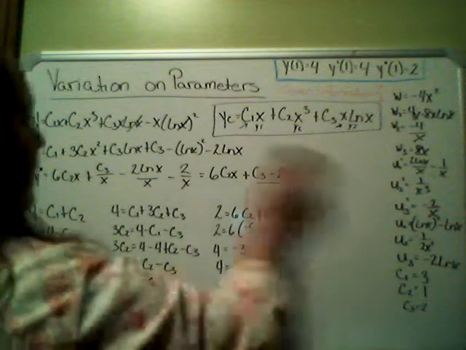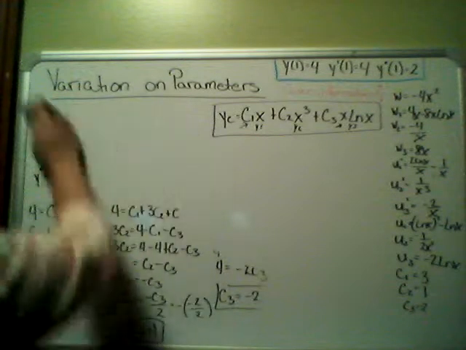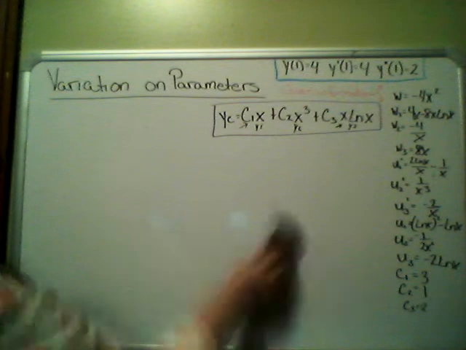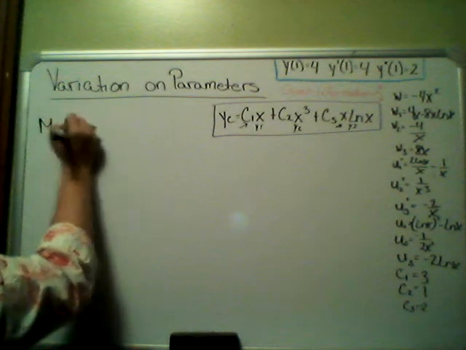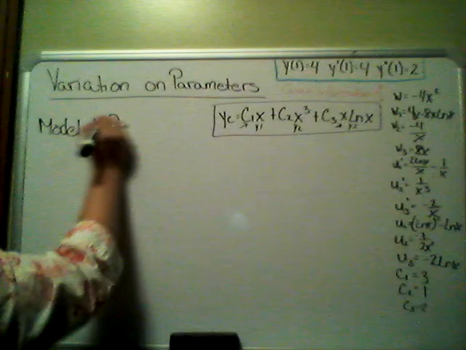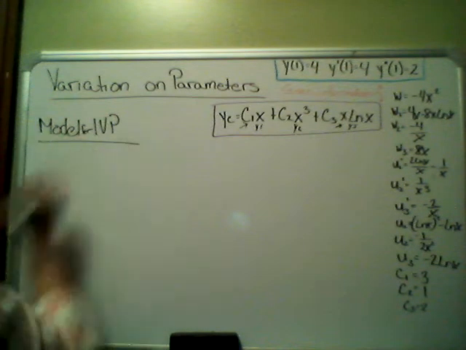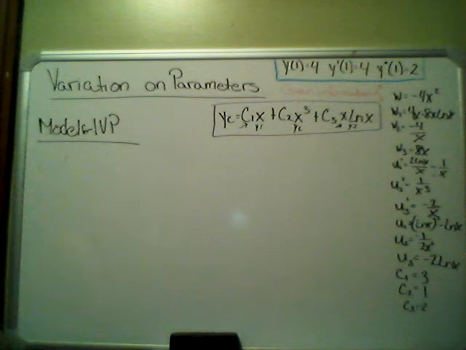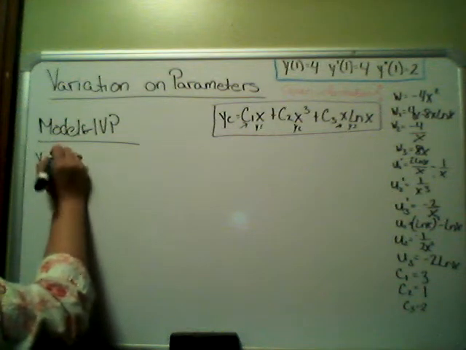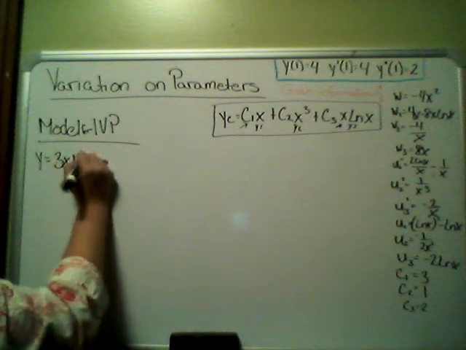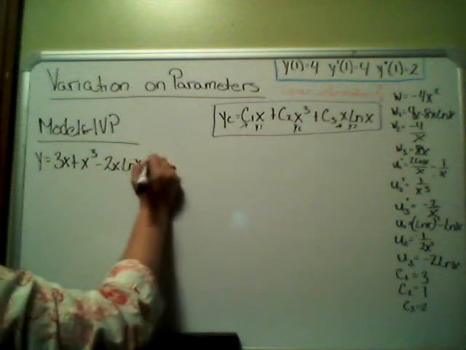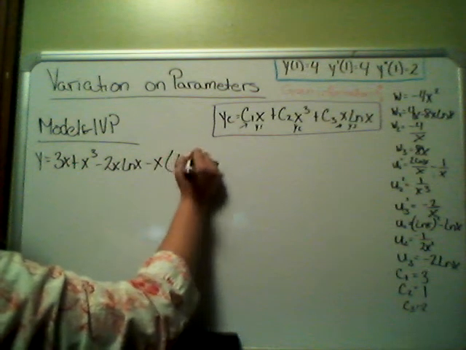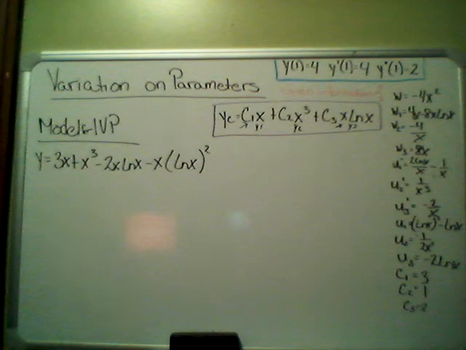And then we're going to plug those into the general solution that we came up with. And so our model for the IVP is going to end up being y equals 3x plus x cubed minus 2x ln of x minus x times ln of x quantity squared. And that is an example of variation of parameters.